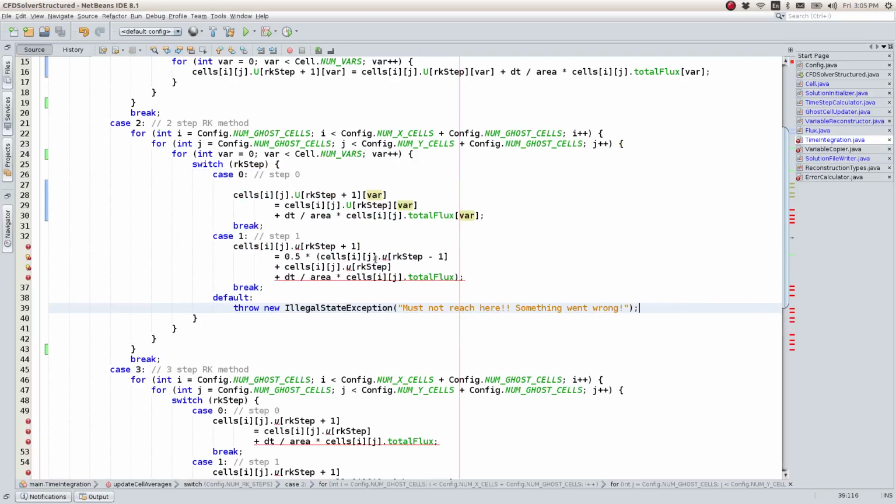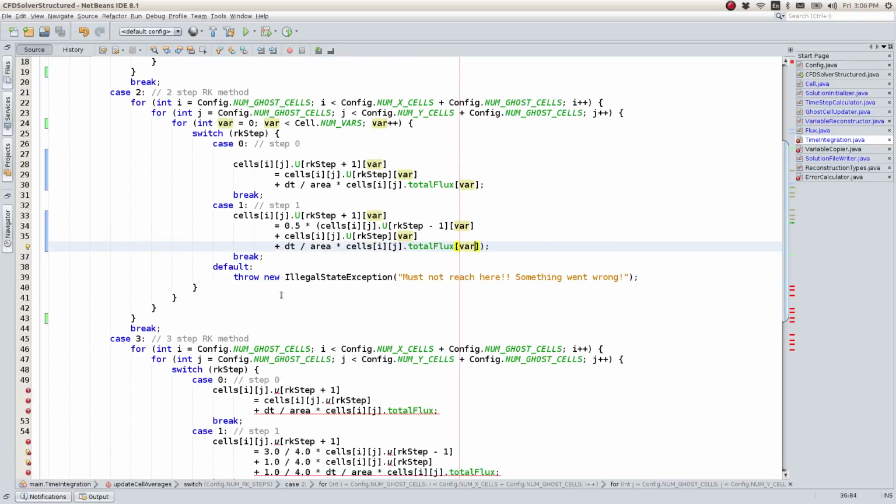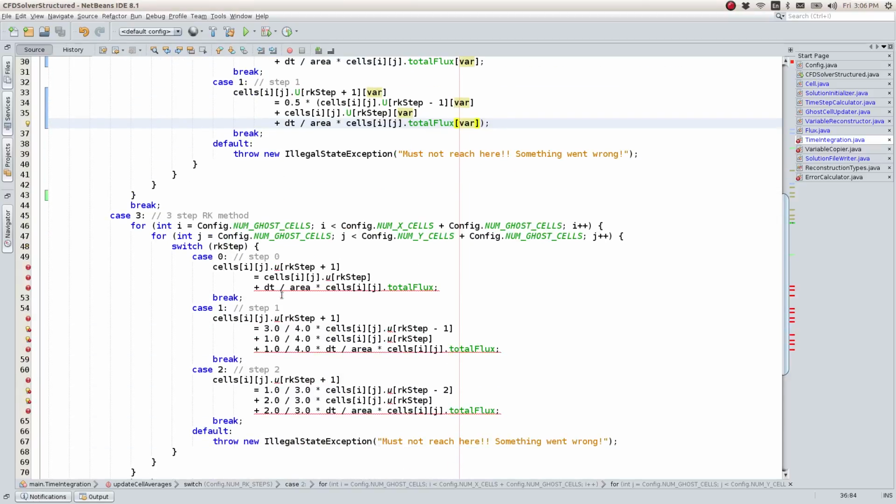That should be fine, I guess. So we will have a capital U here and we will have variable here, and there is flux. Okay, so this looks fine.